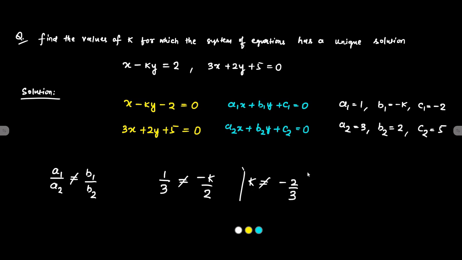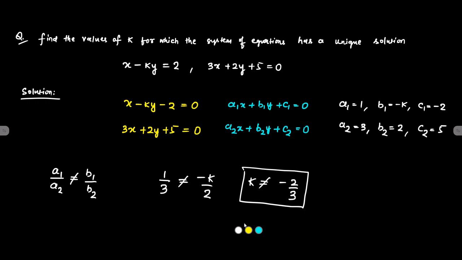This is the condition. So what does it mean? It means for all real values of k other than minus 2 by 3, these two equations will have a unique solution. If we put k equals to minus 2 by 3, it has two other possibilities, but it will not be a unique solution.